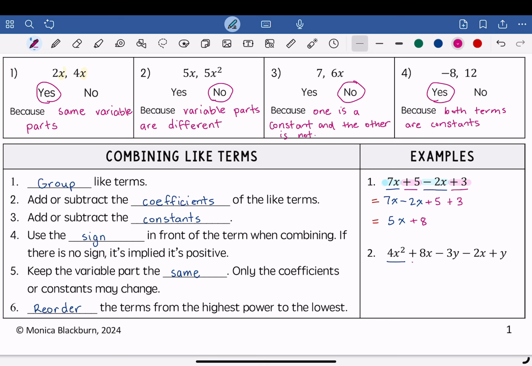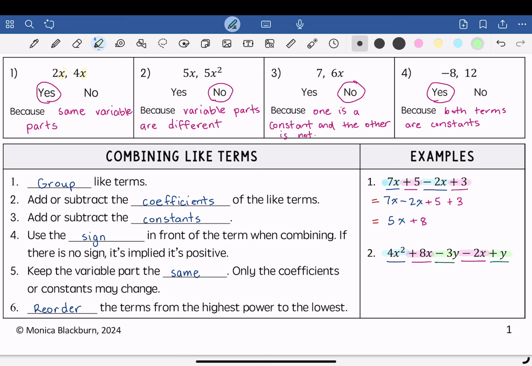Then there's plus 8x minus 2x. And then the third type of term here is minus 3y and plus y. I'll highlight them so they're a little easier to see. So 4x^2, plus 8x, minus 2x, and minus 3y plus y.